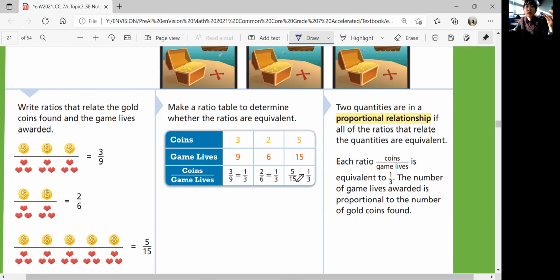It needs to be the same proportion throughout the whole thing, okay? So each ratio for this, coins over game lives, is equivalent to 1/3, or game lives over coins would be equivalent to 3, either way. The number of game lives awarded is proportional to the number of gold coins found, okay?